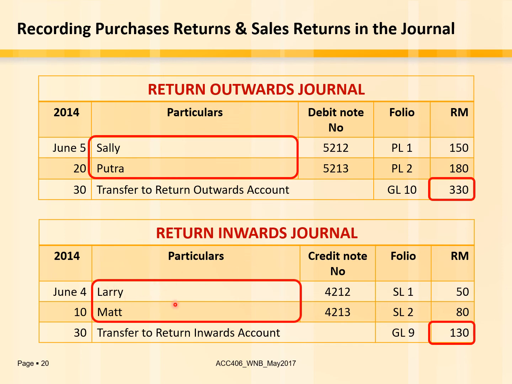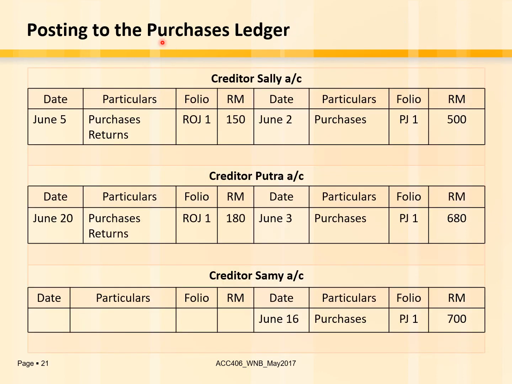Sebab dia ni customer, dia pulangkan kat kita sebanyak 130 in total. Right? Therefore, masa you buat the purchases ledger, this one you dah create sebelum ni, right? Sebab you dah create Sally, you dah letak purchases kita. Sebab kita beli daripada dia, right? So now, bila ada return, you akan debitkan dia. Sebab mengurangkan liability kita dengan Sally.